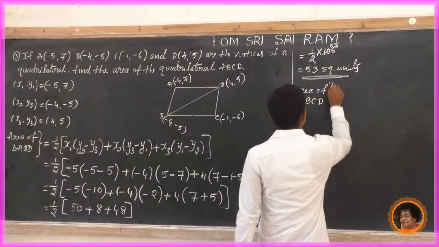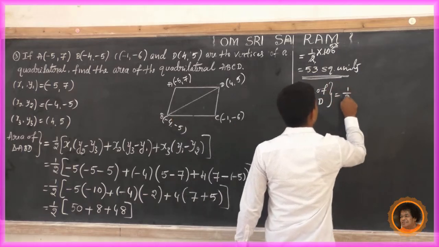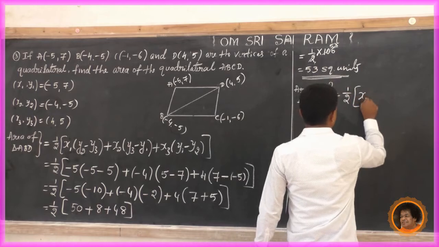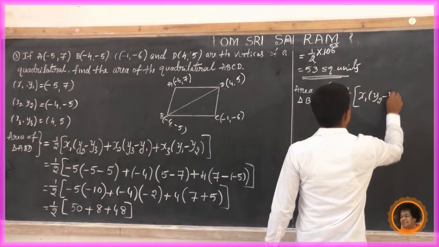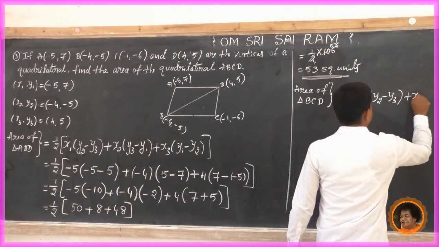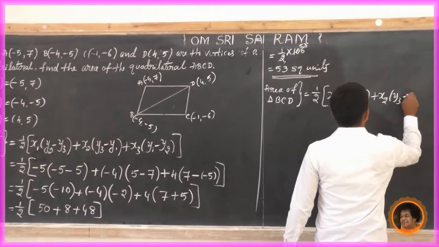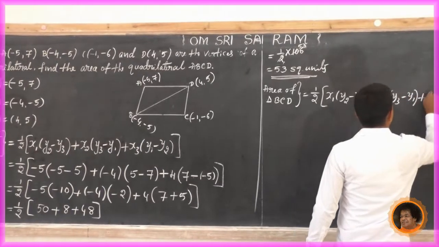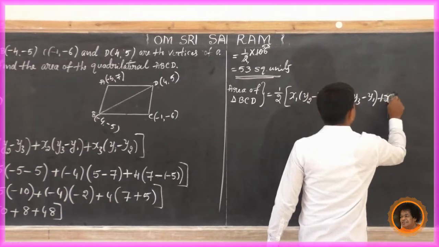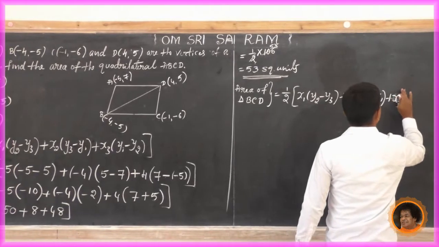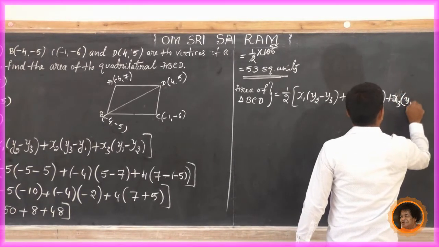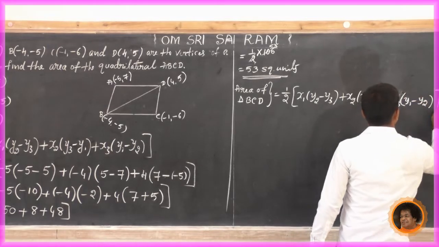BCD, area of the triangle BCD equal to half into X1 into Y2 minus Y3 plus X2 into Y3 minus Y1 plus X3 into Y1 minus Y2.